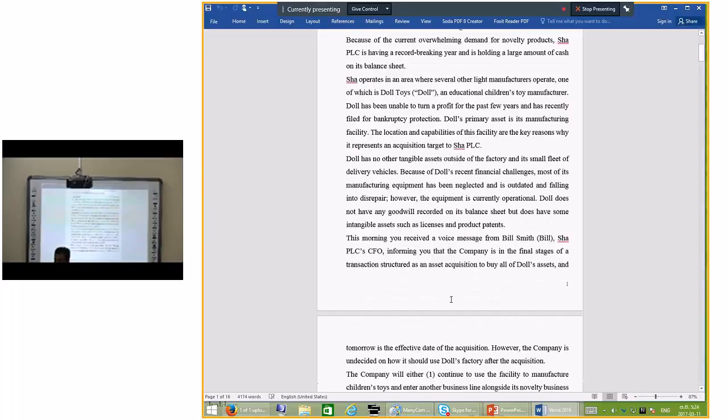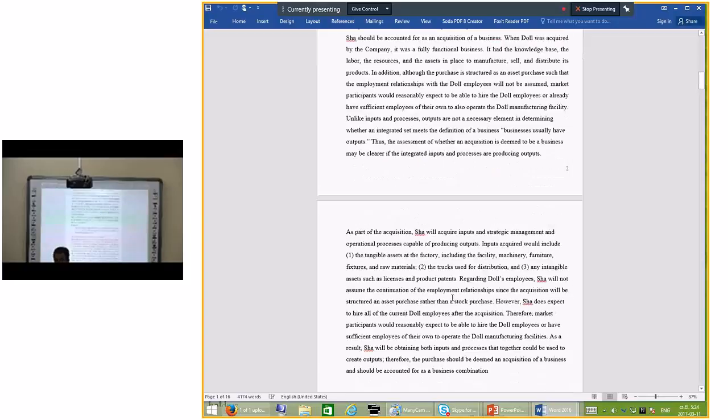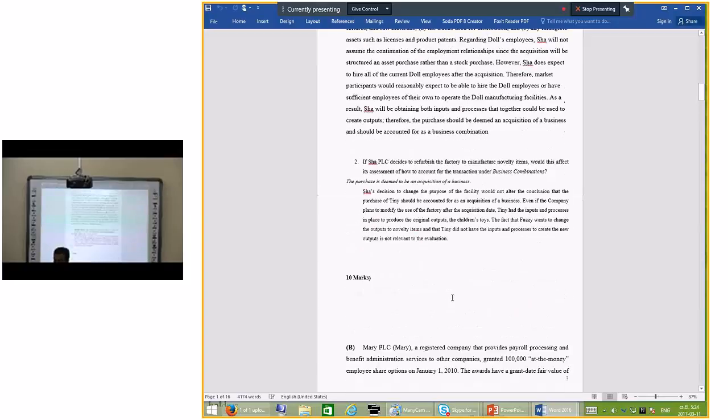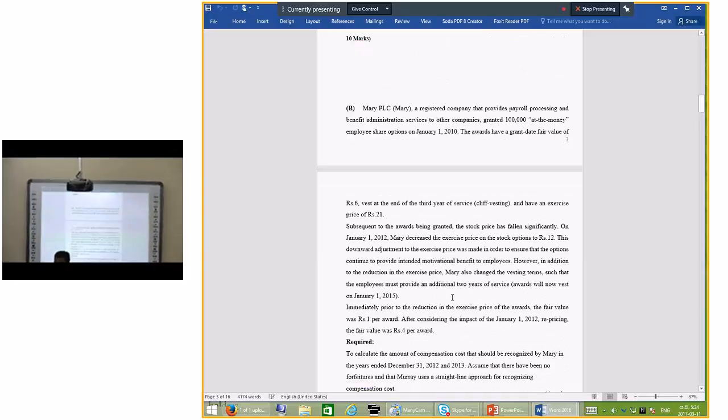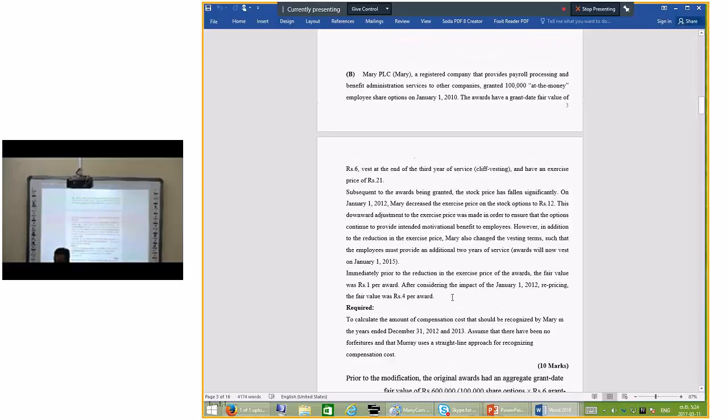This one relates to group accounts, where we asked whether it is a business combination or not. Very broad understanding. This is the answer for that, for 10 marks. This is something related to employee share options.